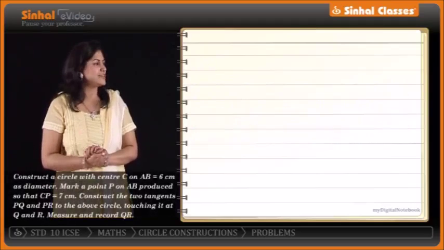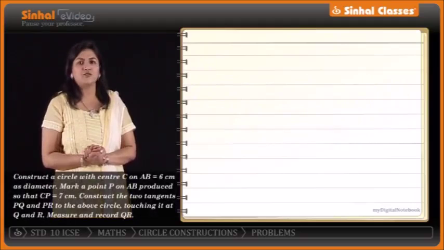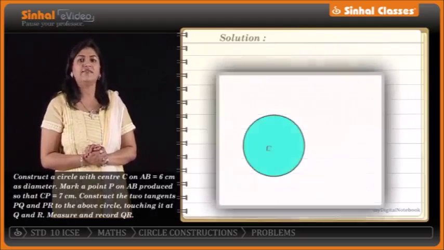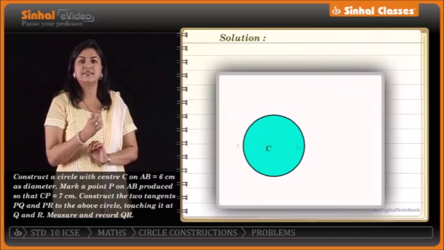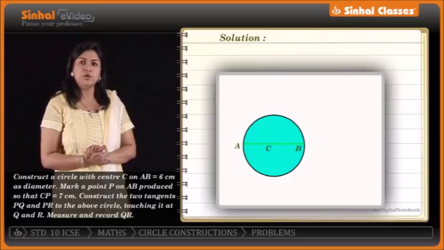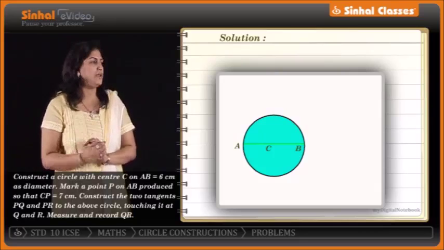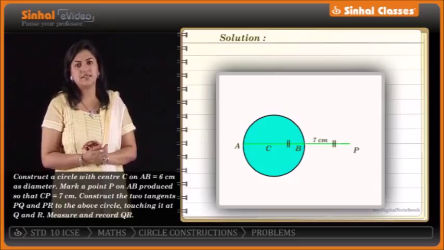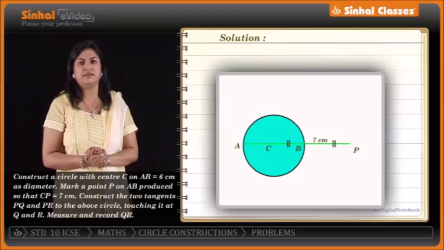Now let's draw this. Here, first we will draw a circle with center C, and we take the radius as CA or CB, that is equal to 3 centimeter, because here we are given length of AB as 6 centimeter. Now we produce the diameter AB to the point P such that CP is equal to 7 centimeter.